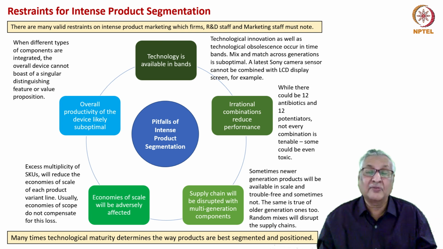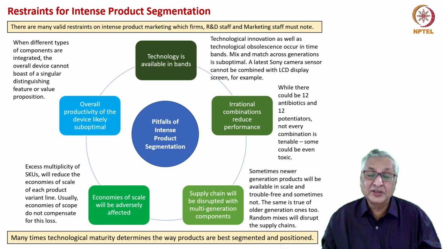But not every combination is a rational combination or a desirable combination. Some could be even toxic. Therefore, technologically advanced or backward products can be combined only in certain manners. Similarly, even technology advanced combinations can happen only with a certain level of proven assurance.